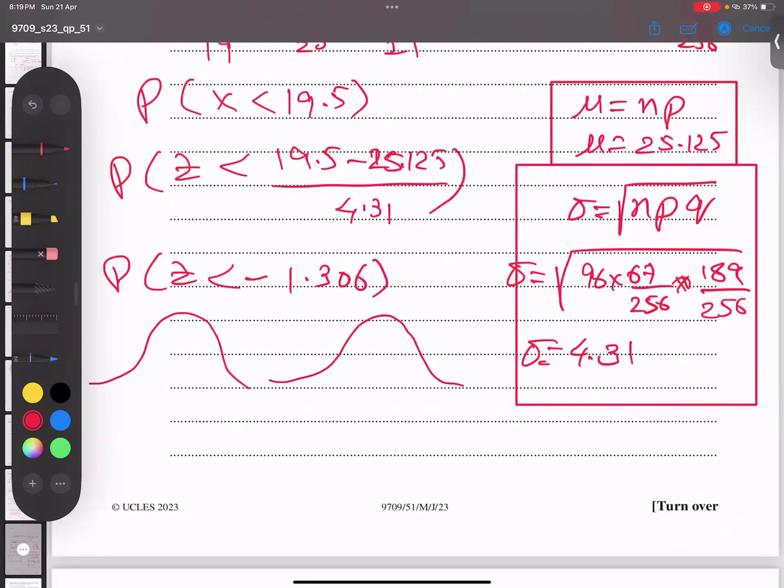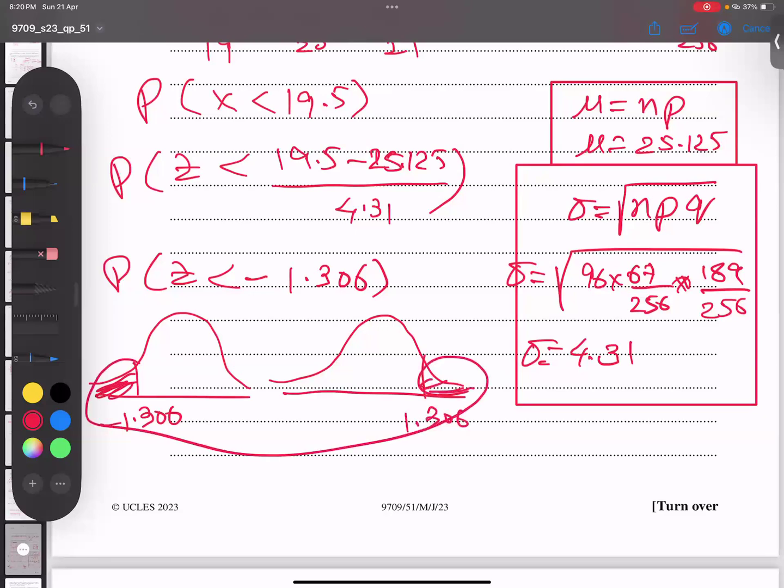If I draw two diagrams, negative 1.306, lesser means this portion, because negative is not available in our table. So this area and this area are equal. But the white region will give us phi of that. So how to get this region? 1 minus that. So probability equals 1 minus phi of 1.306.